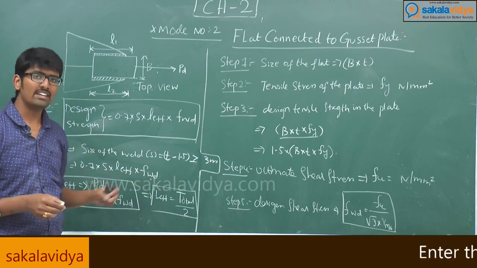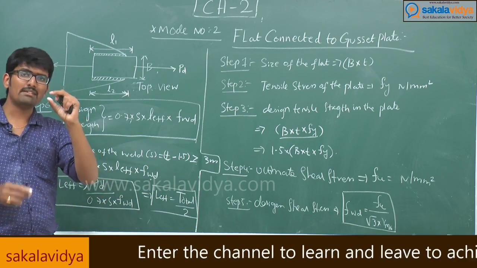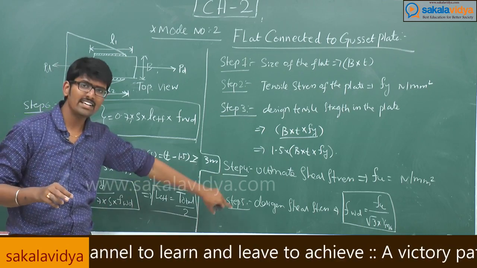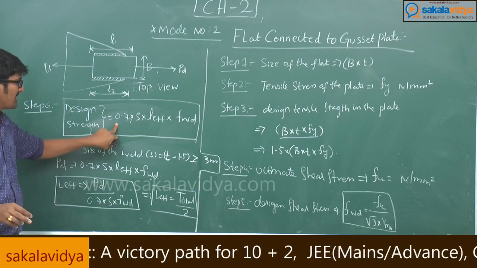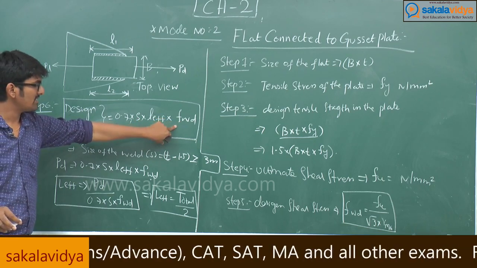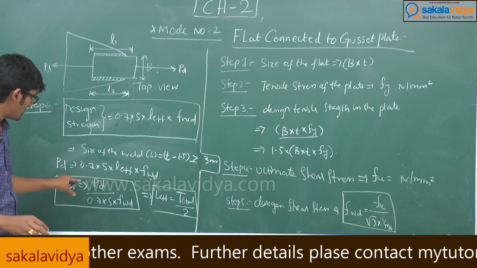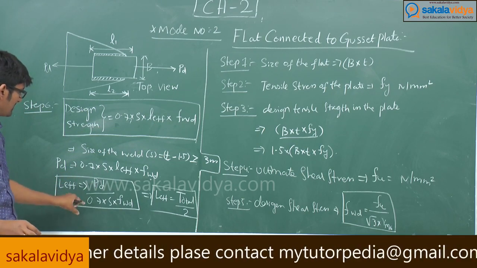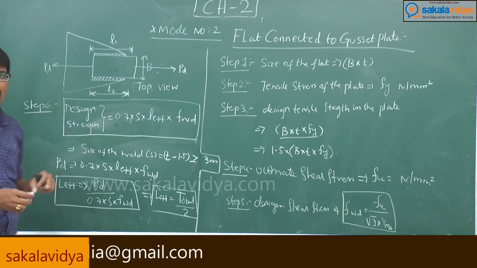For step 6, directly we can take size of the weld equal to thickness of the plate minus 1.5. So design strength is equal to 0.7 into size of the weld into L effective into design shear stress in the weld. So total L effective is equal to design strength by 0.7 into size of the weld into FWD. This is the total effective length of the weld.